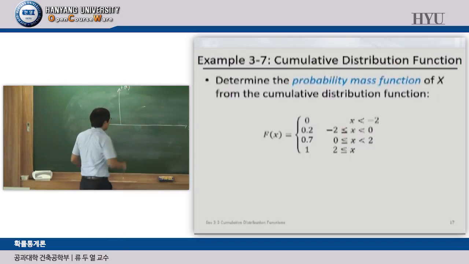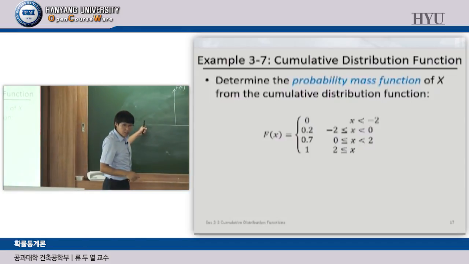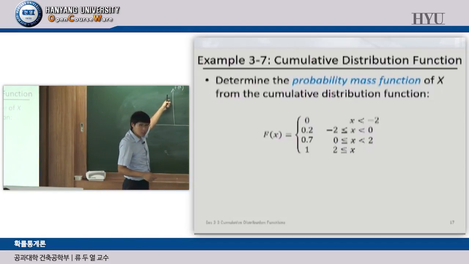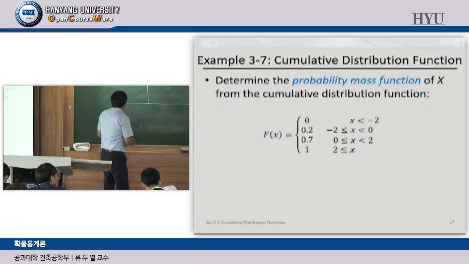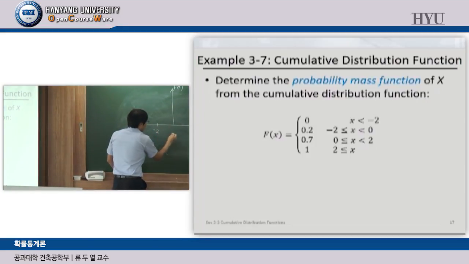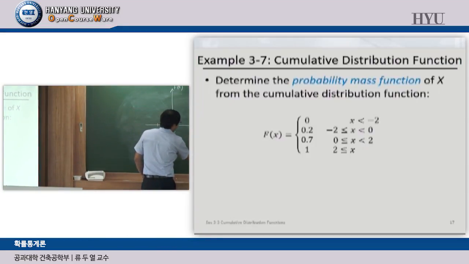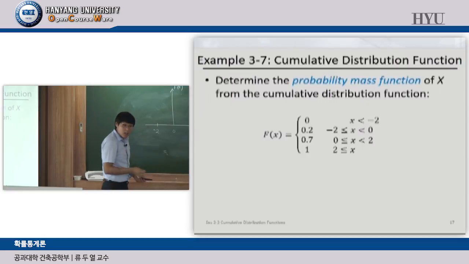The x-axis indicates the small x, and the y-axis indicates the cumulative distribution function, okay? So in this case, the cumulative distribution function is divided into 4 sections. That is -2, 0, and 2, okay?